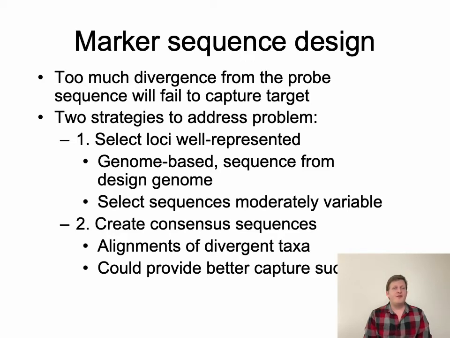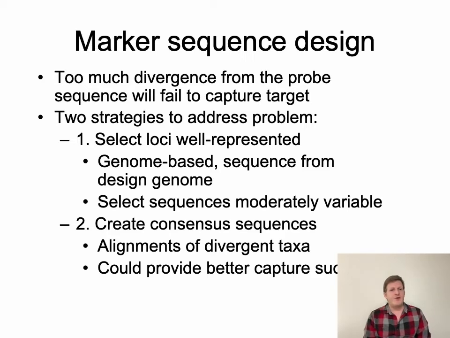And then returning to actually designing the markers, the major problem, again, is that too much divergence from the probe sequence will fail to capture the target. And the two strategies here are selecting the loci well represented, and here I use a genome-based strategy where I use the genome sequence from the design genome, selecting sequences conserved enough that they would be well represented across all frogs.